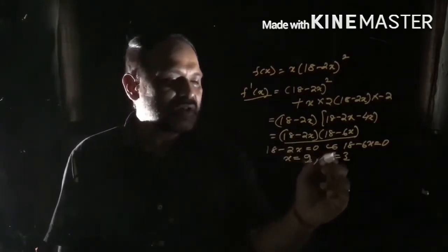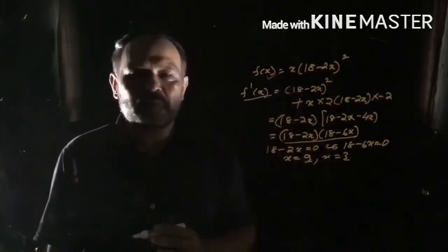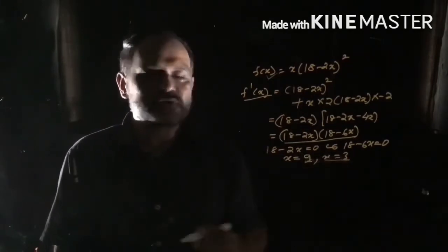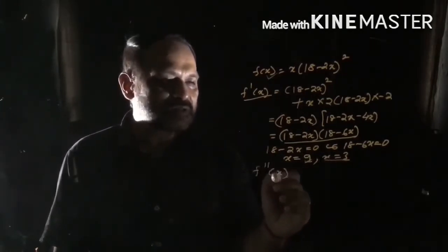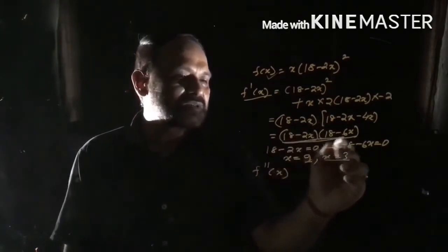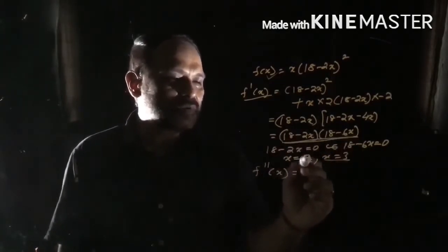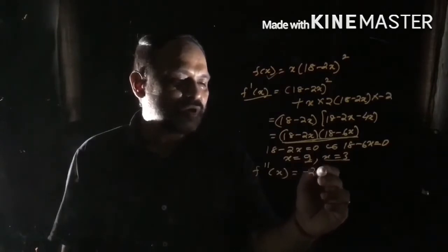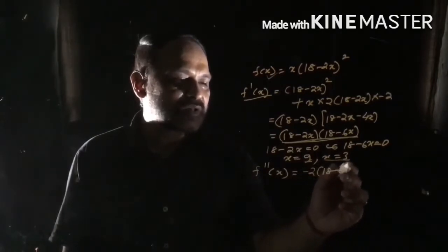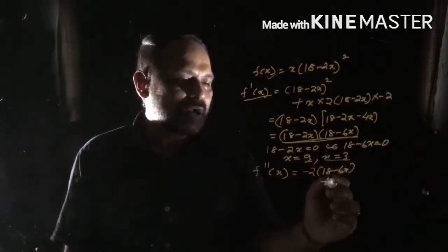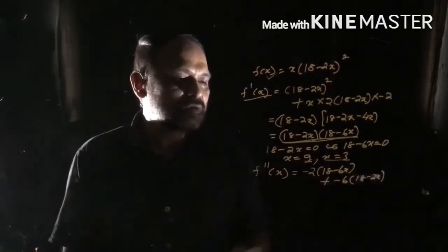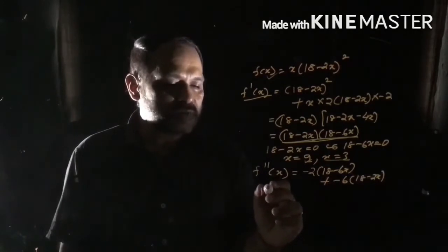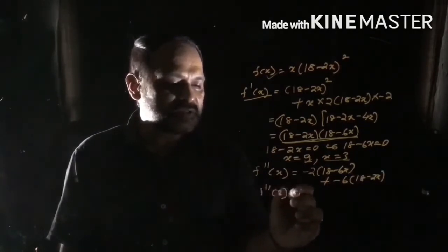We have to check whether the function is maximum or minimum at x is equal to 3. Now find out the value of f double dash x. Here this is our f dash x. Then f double dash is equal to minus 2 into (18 minus 6x) plus minus 6 into (18 minus 2x). Put the value of the extremum point, f double dash 3.